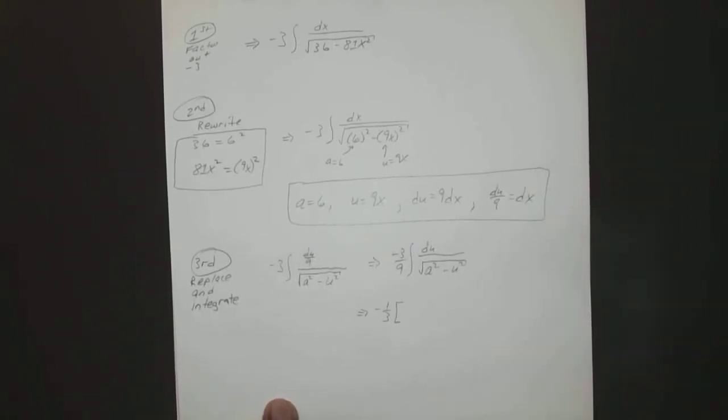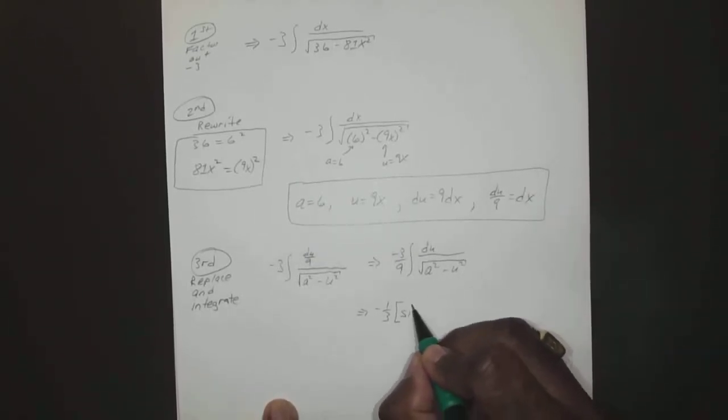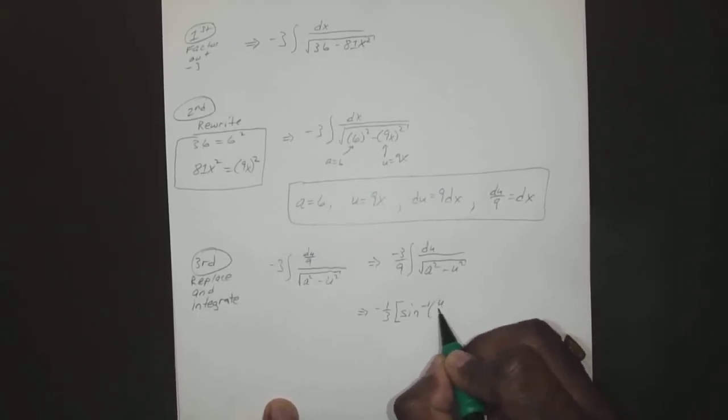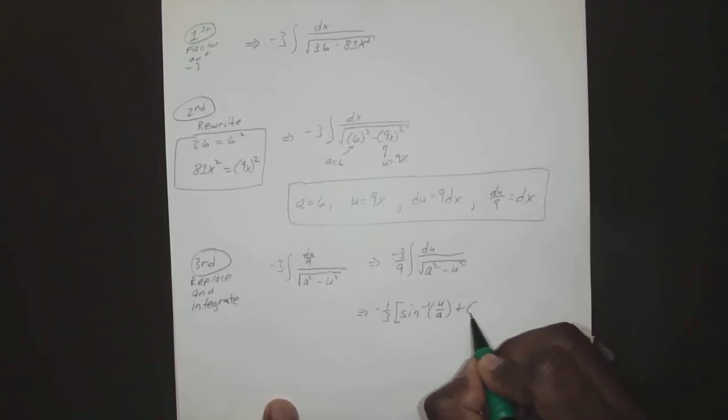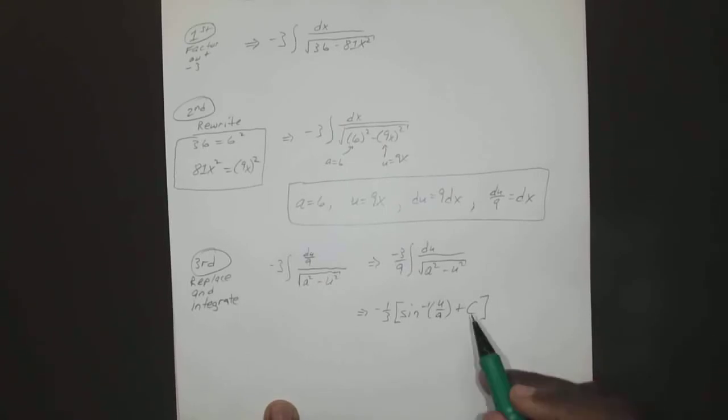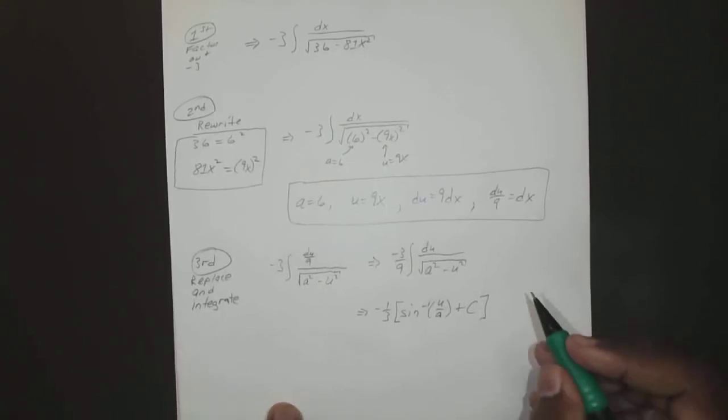That's our sine inverse of u over a. So that's sine inverse of u over a plus c. And then we just replace our u and our a.